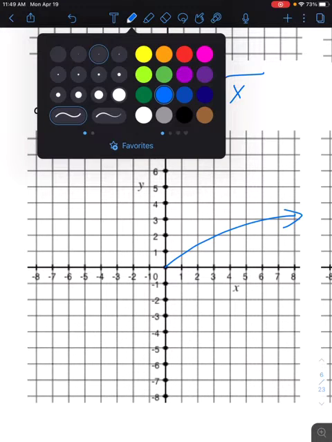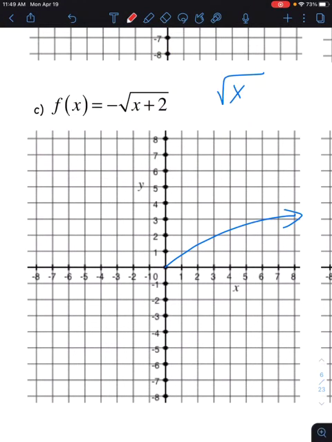And so, well, I have 2 shifts here. The first thing, when I say shift, by the way, I also mean transformation. I use both of those terms. The x plus 2 is in the square root. So that's a left or right. Which one would it be? It would be left 2. So I'm going to move my vertex left 2 and put a dot. And then also, this means we have a negative right after the equal sign.